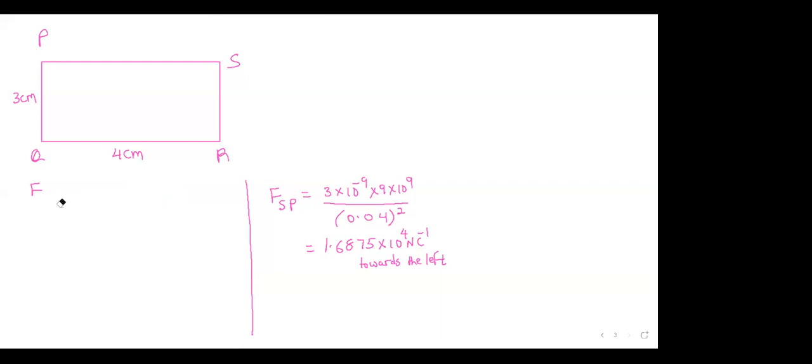Considering the electric field intensity at S due to R. Okay. So teacher, it's going to be 3 exponent negative 9 times 9 exponent 9 divided by 0.03 squared.